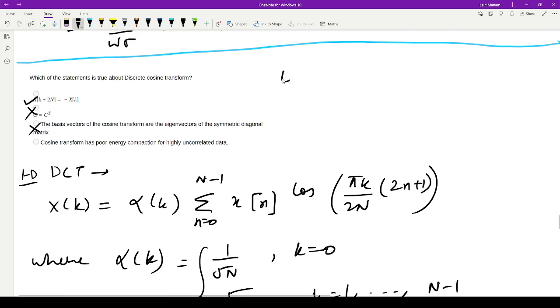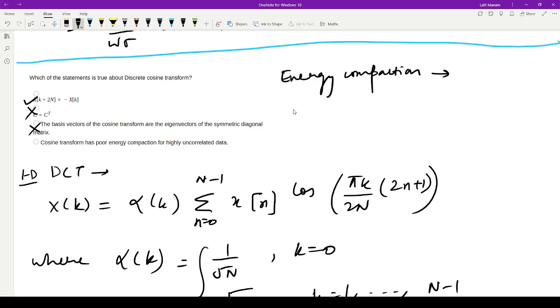Energy compaction is that most of the energy is conserved, but partially it is spread unequally.